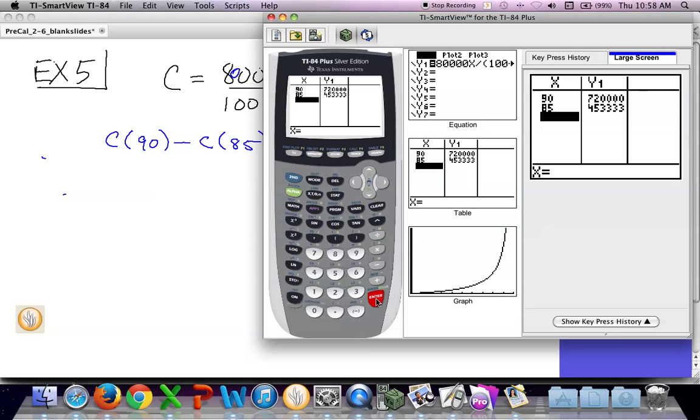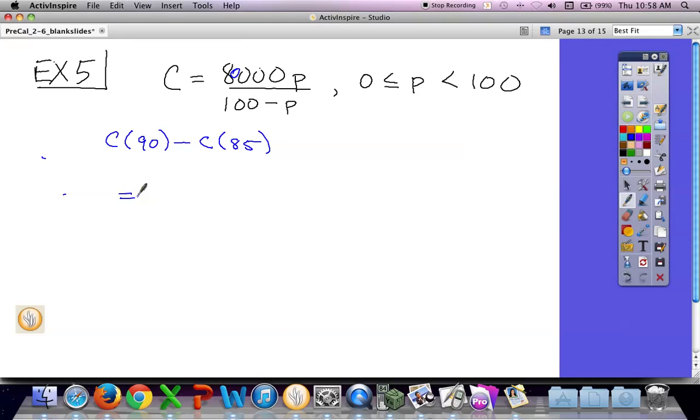Subtract. That's how much additional money it's going to cost for that next 5%. That's $266,667.